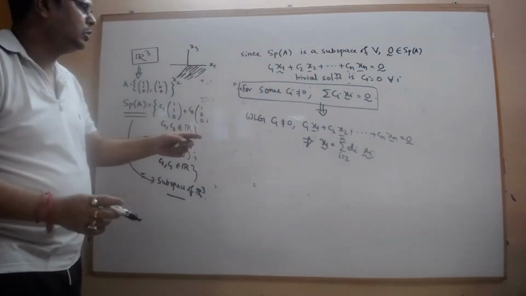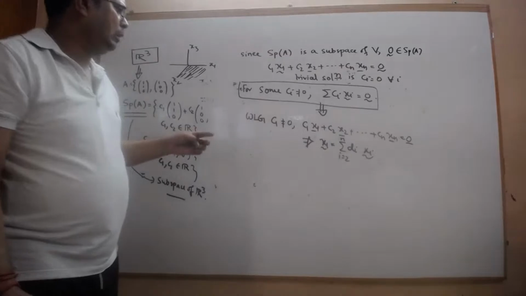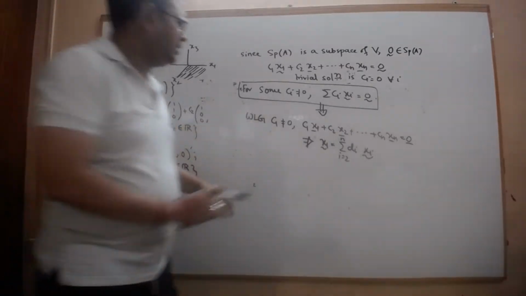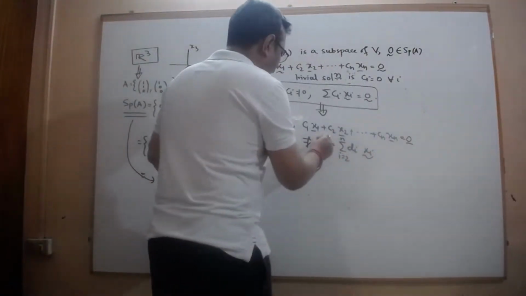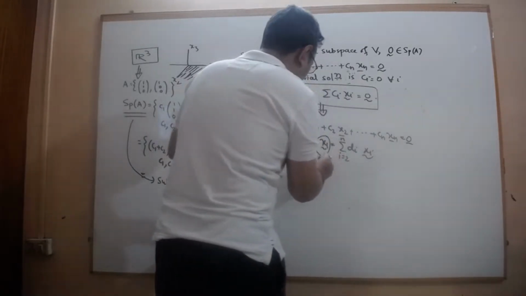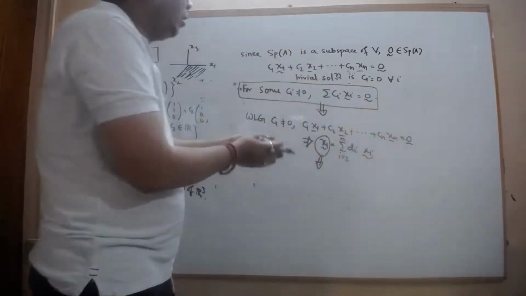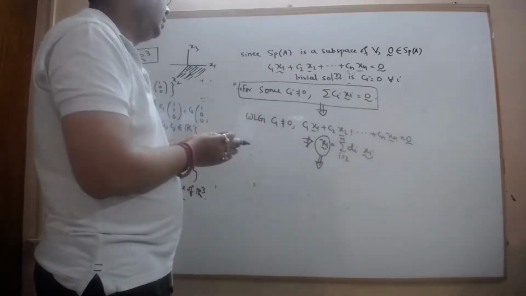Since C1 not equal to 0, divide by C1 to get other scalars. So it means x1 curl can also be written as a linear combination of x2 to xn.